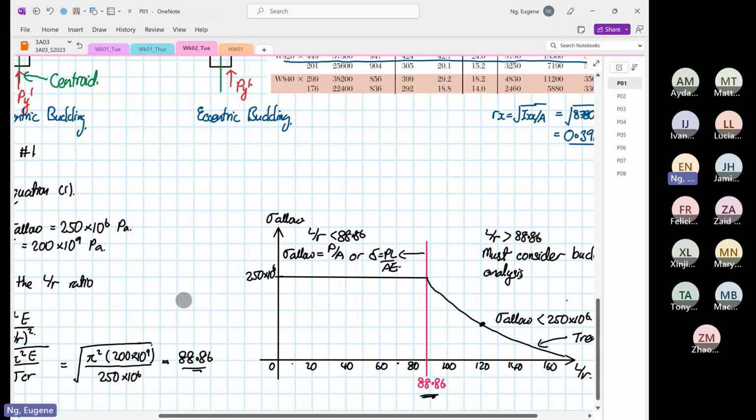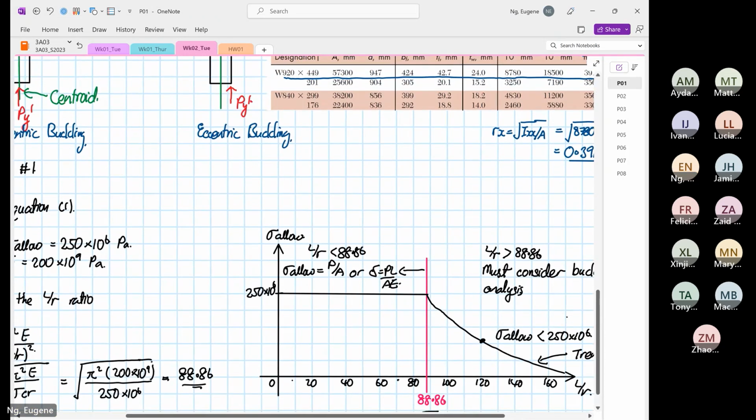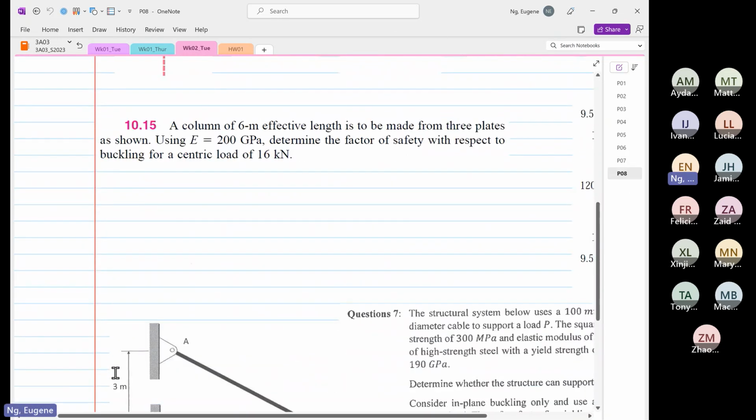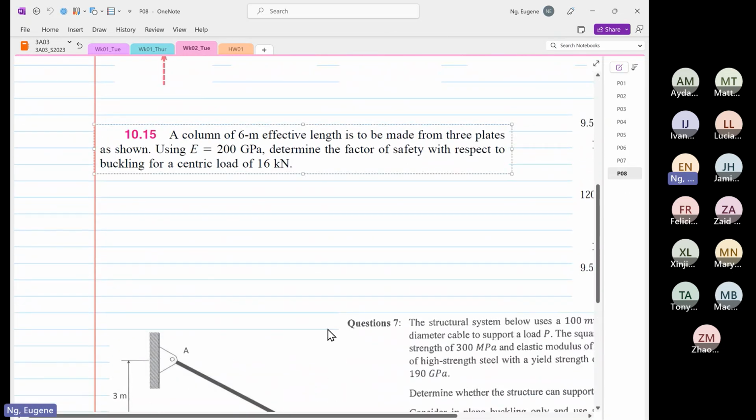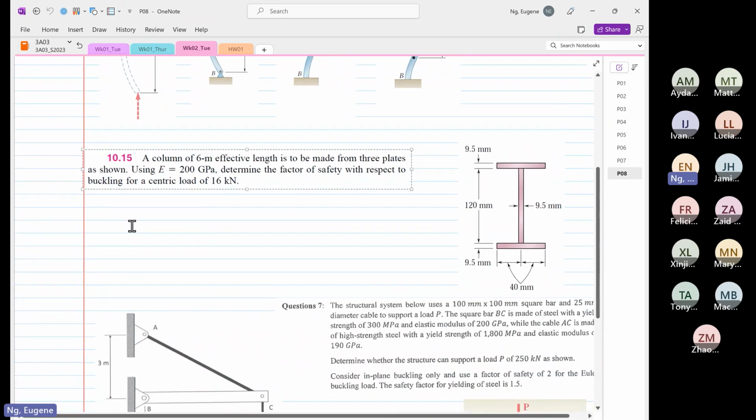So the next thing we are going to talk about, let's do one example now, because I want you to look at how to calculate the second moment of area. So I'm going to do this example now. You can find this on Avenue to Learn.